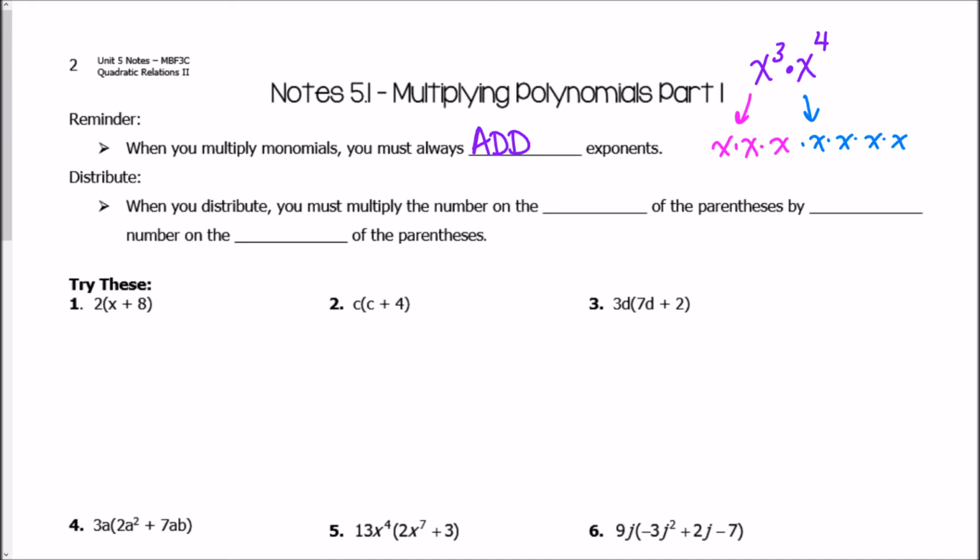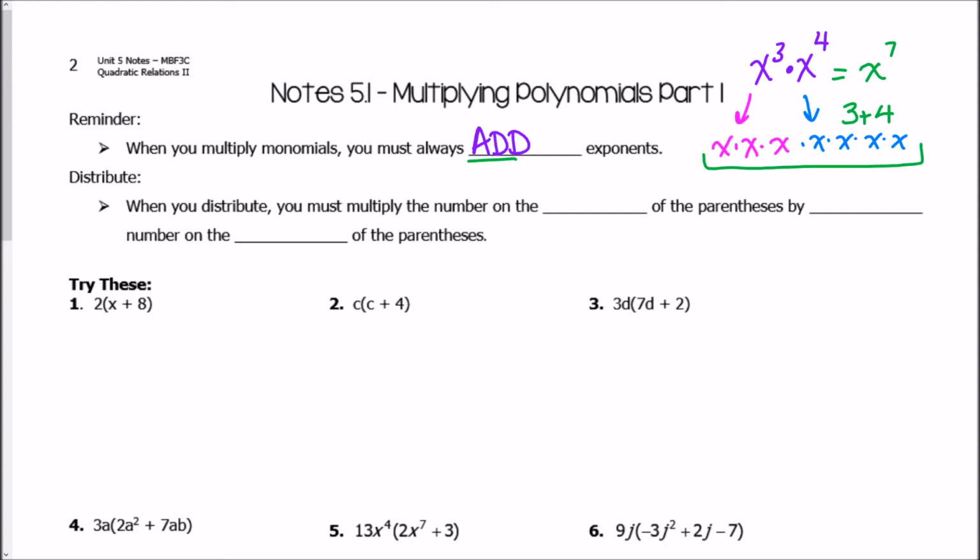Altogether, the shortcut is just x to the power of 7, because we've got 7 x's multiplied together, and 3 plus 4 is 7. So always add your exponents whenever you are multiplying monomials.